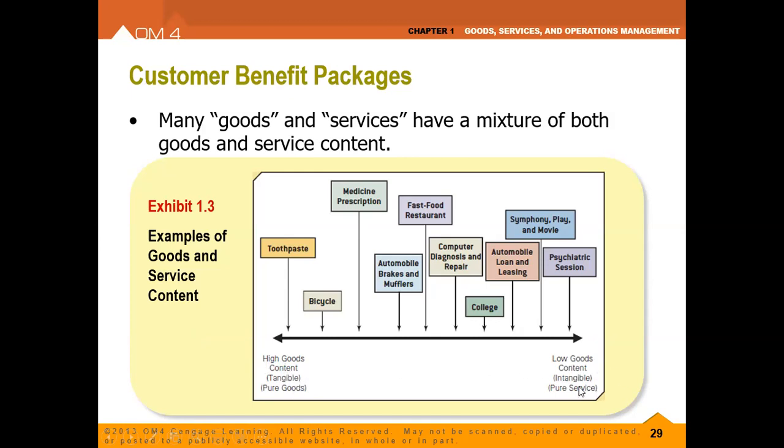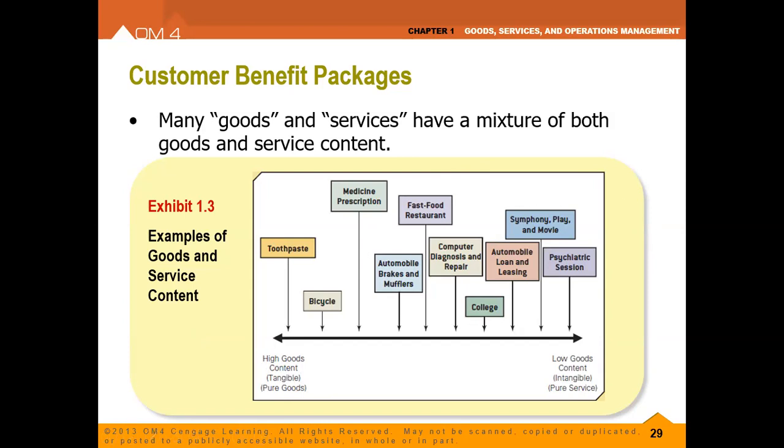Let's say a psychiatric session or counseling session, it's probably pure service, unless you get a pill. I heard from a lot of my friends that when they go see a counselor, they say, oh, I can get you a marijuana card. Do you want it? Yeah, but you have to pay like $150 or $200 to apply. You have to pay the therapist money to apply.